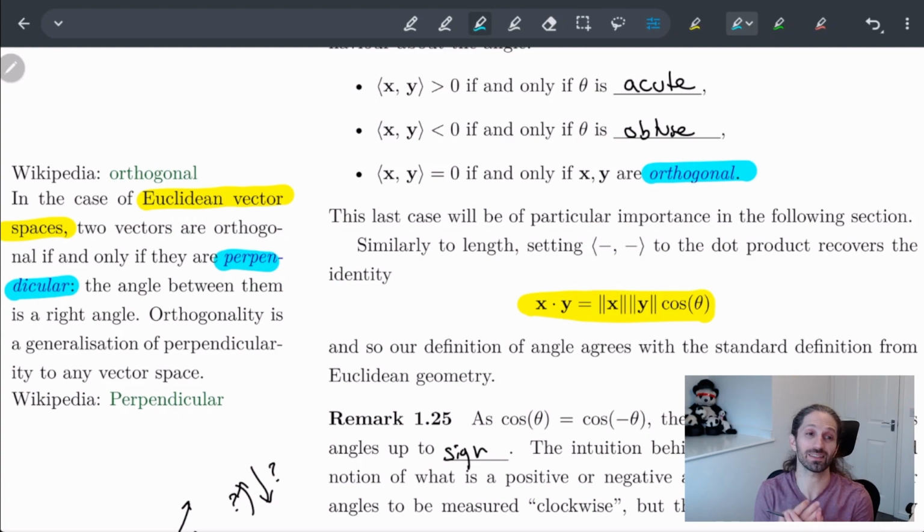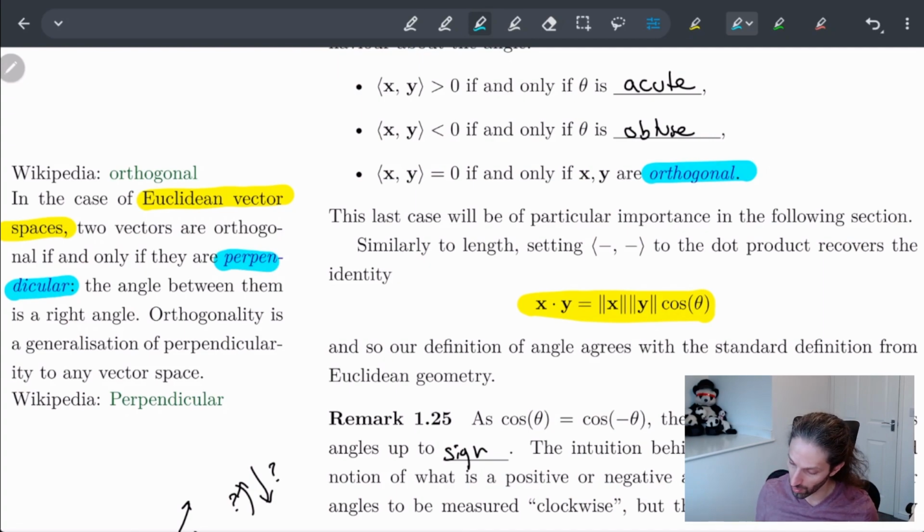But orthogonality is itself a generalization of perpendicularity to any vector space. In other words, I can use this definition of orthogonal in any vector space, whereas perpendicular only works in Euclidean vector spaces. And so this is why we're going to be sticking with this.